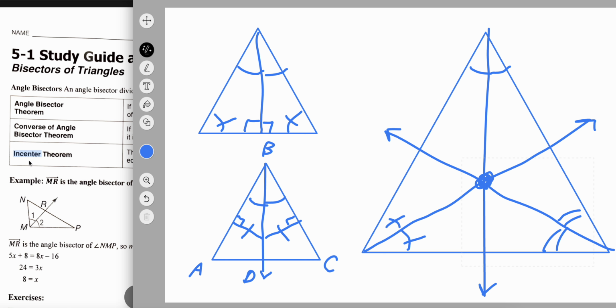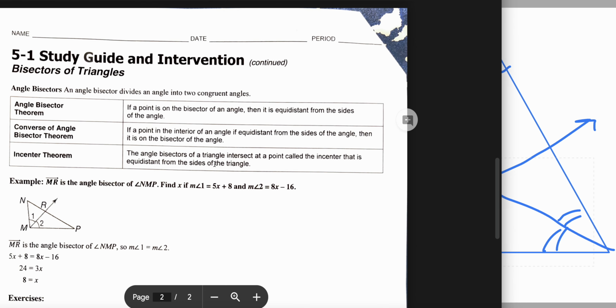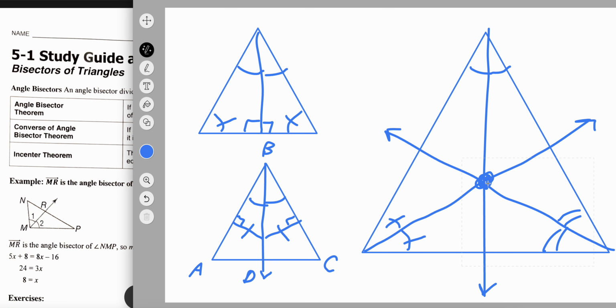The in-center has a unique property that it is equidistant from the sides of the triangle. So the in-center is equidistant to the sides of the triangle. Now, what does that mean? That means if we go ahead and draw a line from the in-center to the side of the triangle, that forms a 90-degree angle.